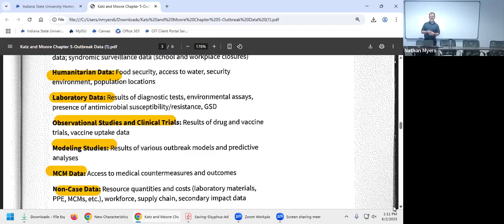Medical countermeasure data, access to medical countermeasures and outcomes from them. So, gathering data on the degree to which vaccines have been distributed in different areas. Again, what was the uptake? What's been the result? Has it reduced mortality?